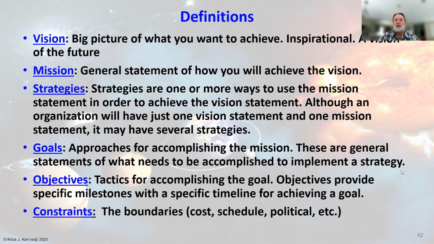These are general statements of what needs to be accomplished. So for the mission of designing habitation for deep space, one goal might be to develop in situ manufacturing capabilities, or to develop pharmaceuticals for humans to be productive in space for long duration. Another goal might be to develop radiation protection aspects, and so on. I think you get the idea.